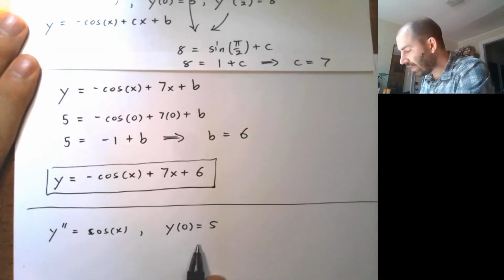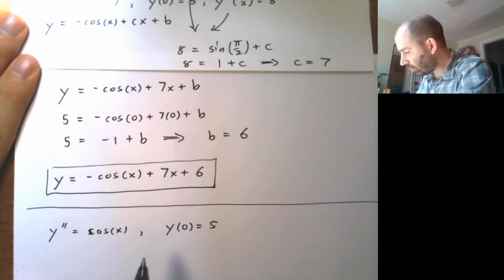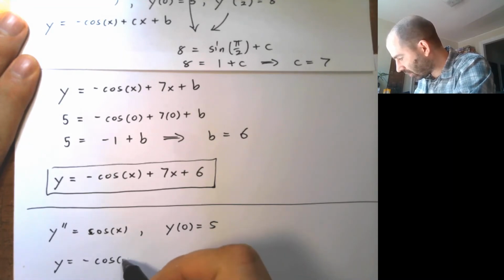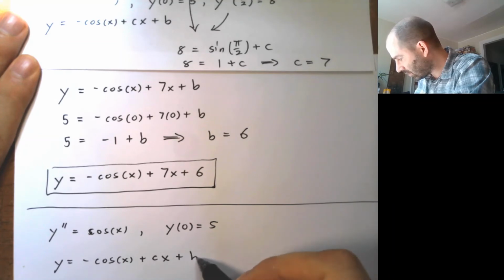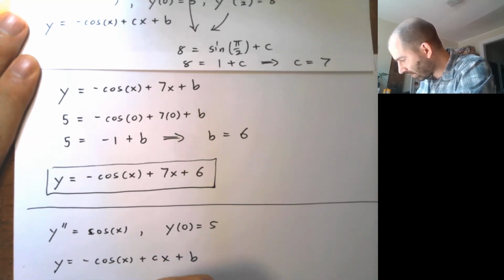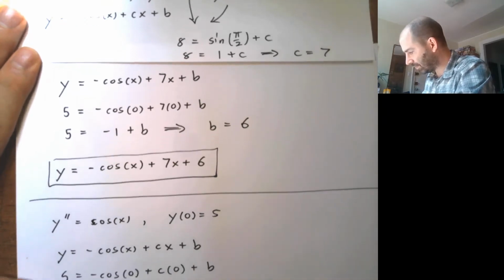Well, if I only had this, then I could only do, well, I'll start with my solution I know in general. The general solution in terms of these constants is this. All I can do is plug this stuff in. So I know that 5 equals negative cosine of 0 plus c times 0 plus b, right?